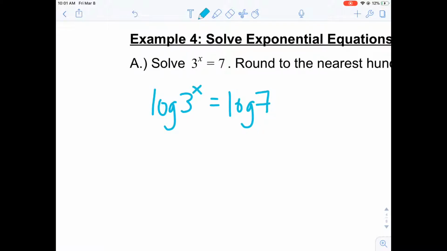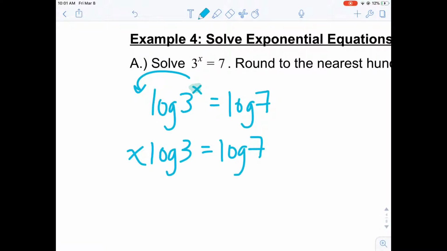Once I do that, I can apply all of my logarithm properties, especially because I have x in the exponent, and the power property says that I can bring that x out in front. This is going to become x times log 3 equal to log 7.